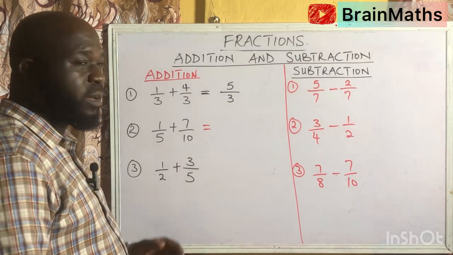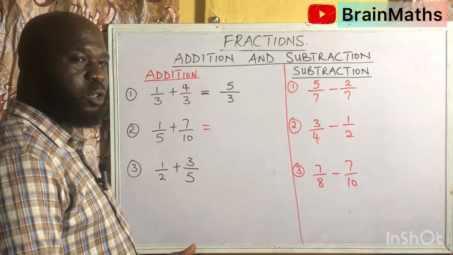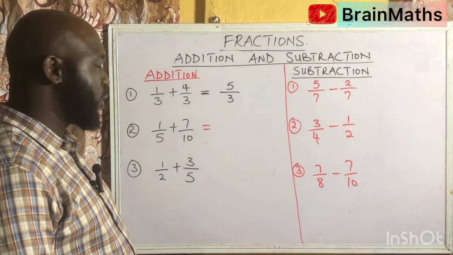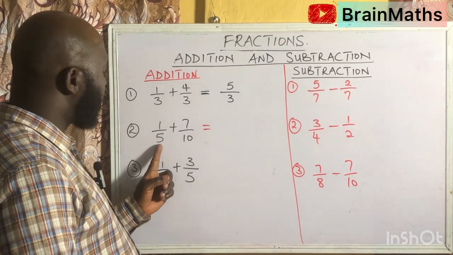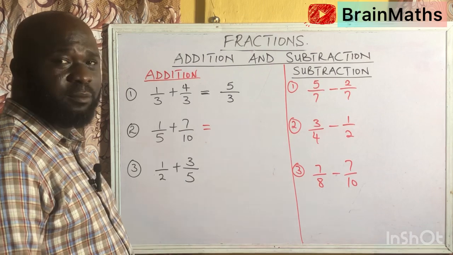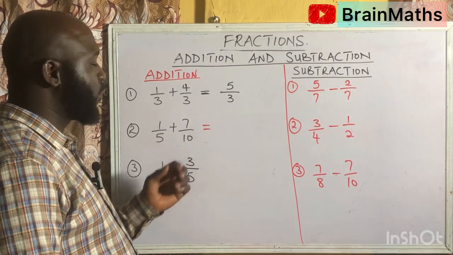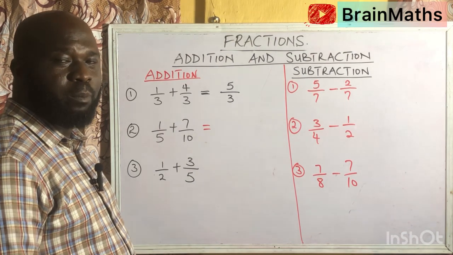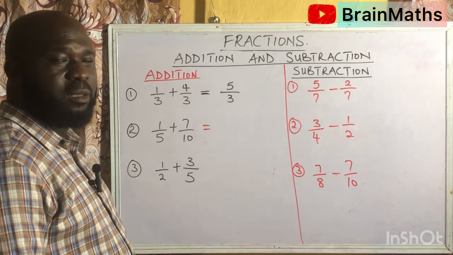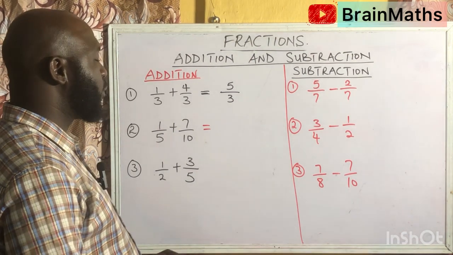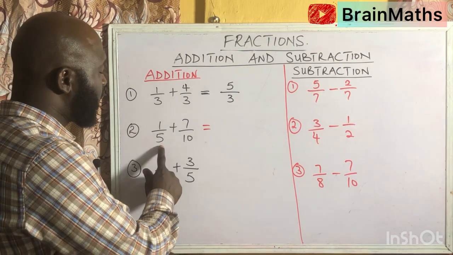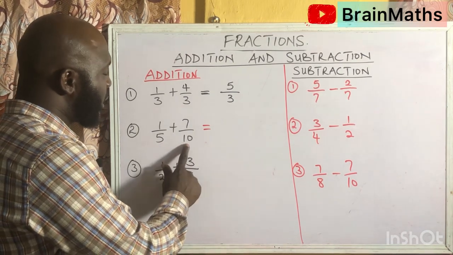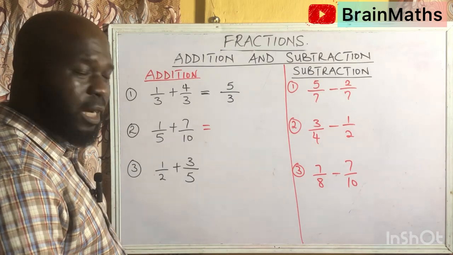Is one of them a product or a multiple of the second one? 5 is one of the multiples of 10. 5 times 2 will give us 10. And 10 itself is another multiple of 10. 10 times 1 will give us 10. So it is easy for us to say 10 is the LCM of 5 and 10.